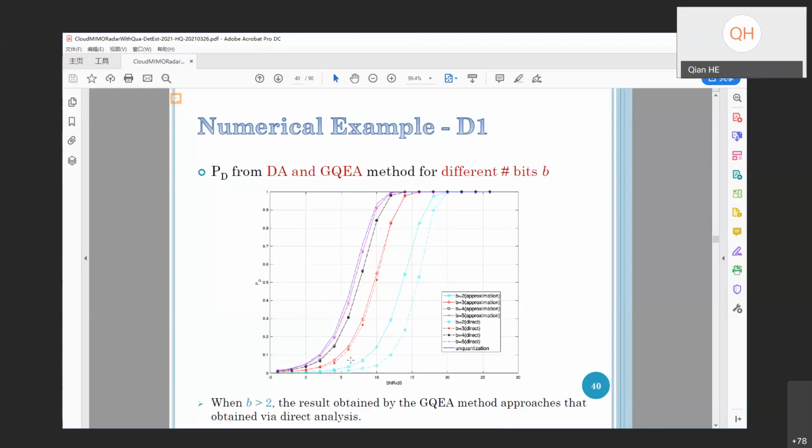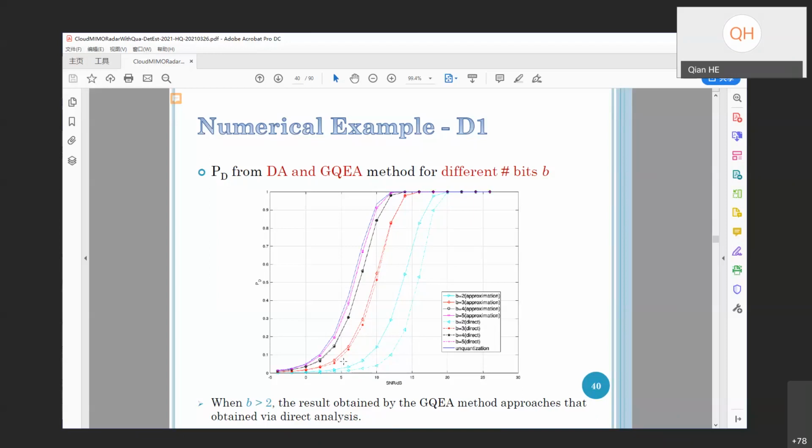So it turns out, the purple curve means you have a 5-bit quantizer. You can see when your quantization bits is 5, your overall performance is very, very close. I think it's close enough to the unquantized case. That means in this case, your quantization does not hurt you much, right?